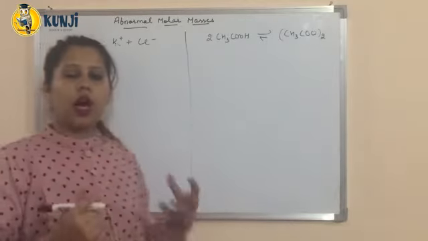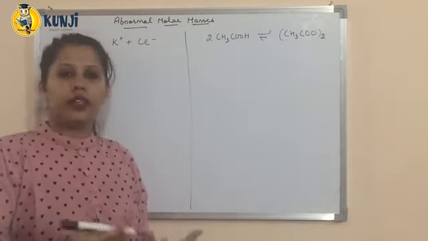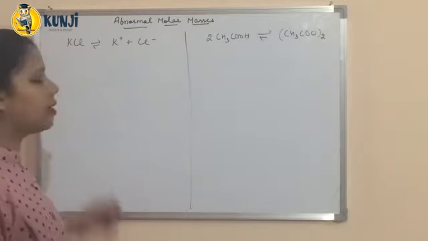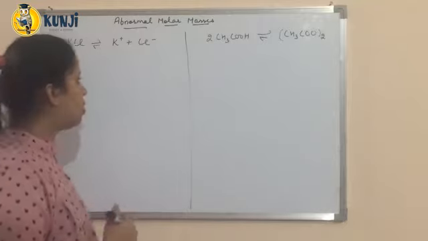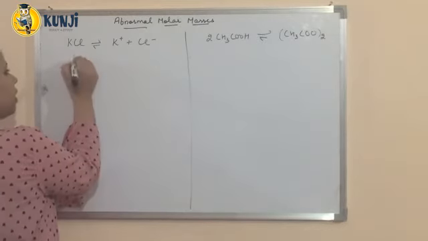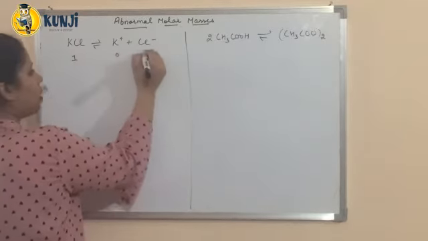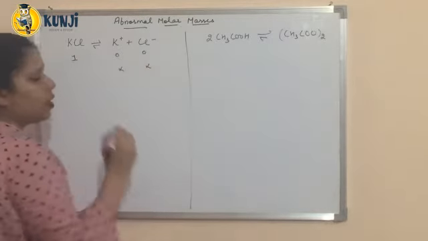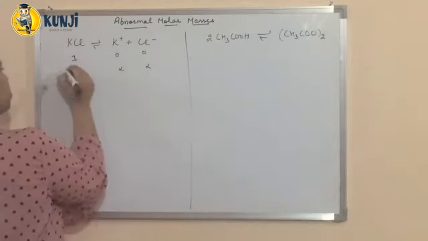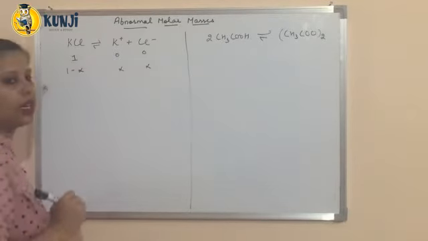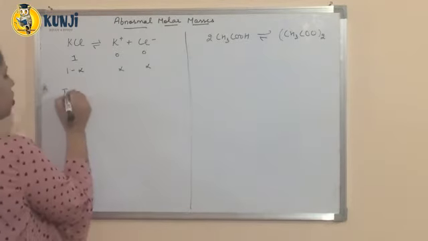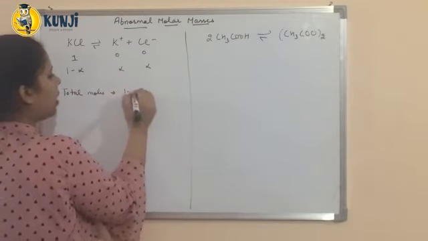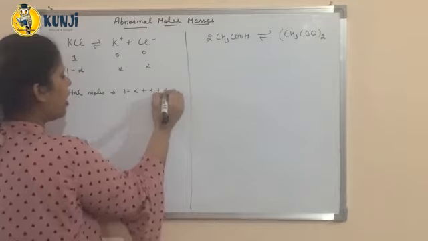Now we will see how to calculate the extent of association or dissociation in a given solute. For example, I have taken KCl which is undergoing dissociation. At the start we have taken 1 mole, so the products are 0, 0. After some time, alpha moles have dissociated, so it is left with 1 minus alpha. So the total moles observed is 1 minus alpha plus alpha plus alpha.